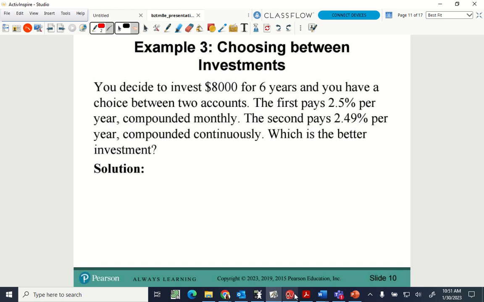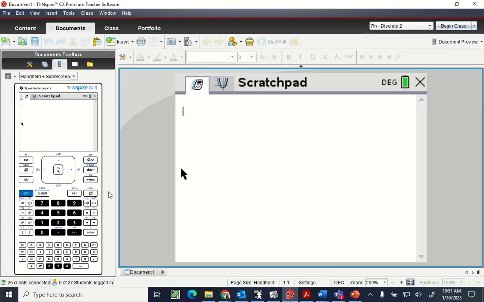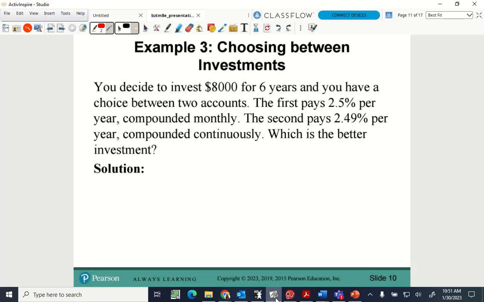I'm going to do it right here on this one. My money is going to be 8,000. My rate is going to be 2.5%.